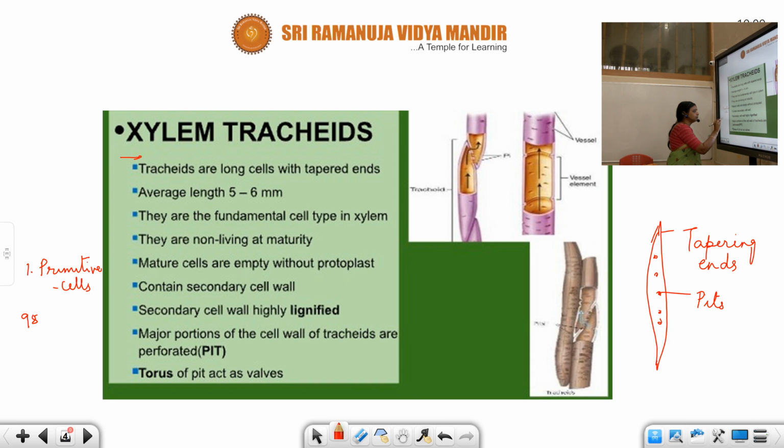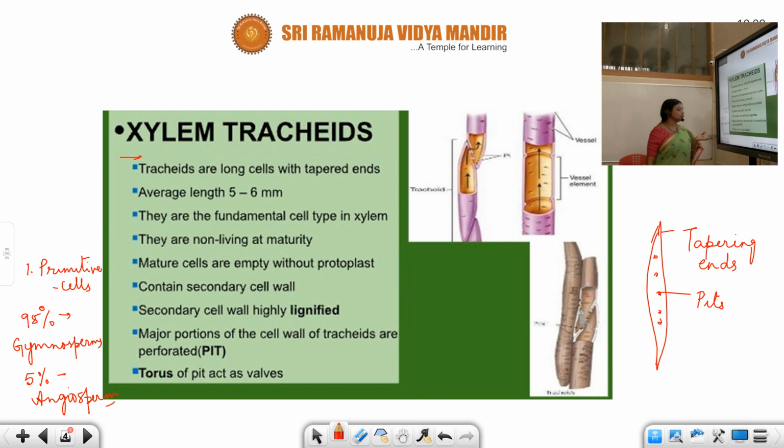These are primitive cells, so in pteridophyta and gymnosperms we can observe them in 95%, and in angiosperms 5% of tracheids are present. These are long elongated structures with tapering ends. Average length is 5 or 6 mm, and they are the fundamental cell type in xylem, fundamental because they have some fundamental structures and functions.